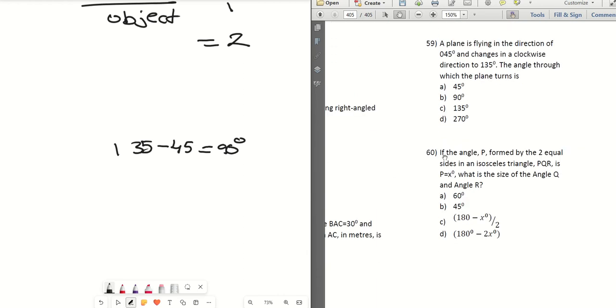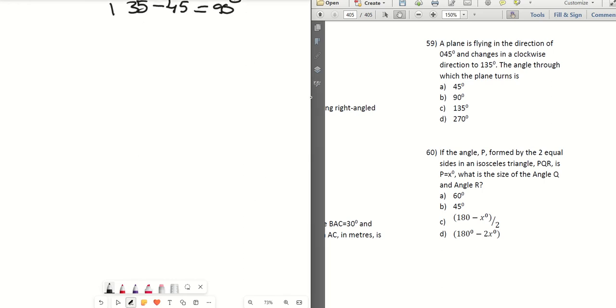All right, let's look at 60. If the triangle PQR is formed by the two equal sides, it is an isosceles triangle, right? So we have an isosceles triangle here, P, Q, R, and angle P is equal to X, right?